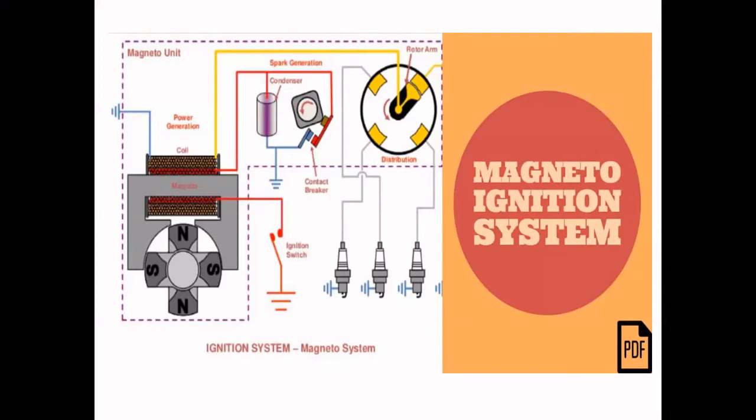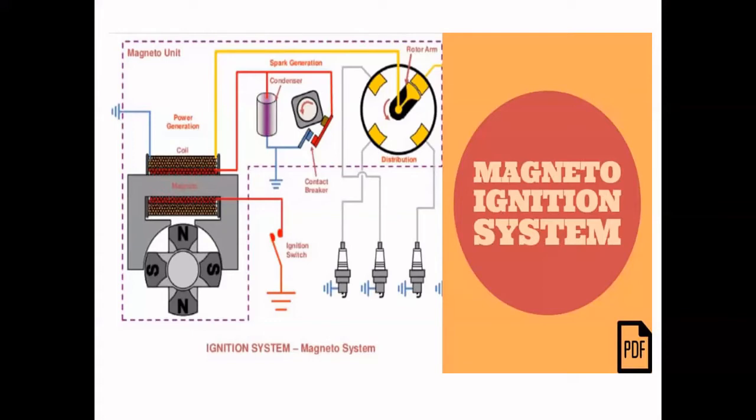As I said, this magneto ignition system is a unique kind of ignition system which has its own source of energy in the form of a magneto. You see the figure. Then I will explain what components are involved and how these components function.